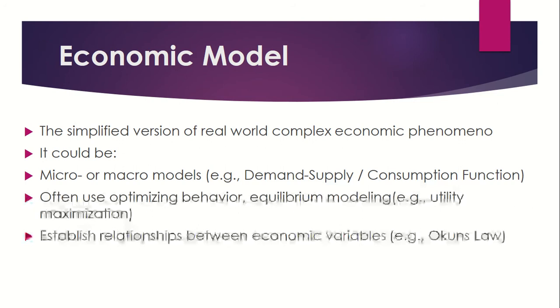For example, cost minimization and utility maximization, etc. Moreover, you can think of establishing relationships among different economic variables, such as here I have noted down Okun's law, which shows the relationship between economic growth and unemployment.